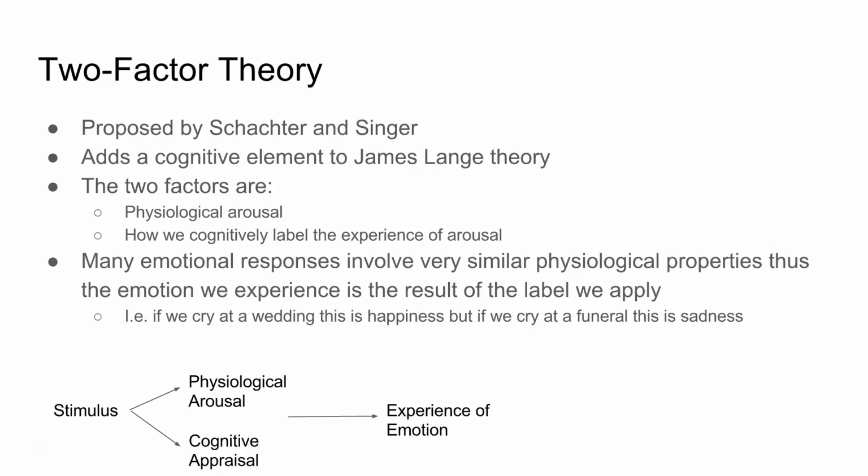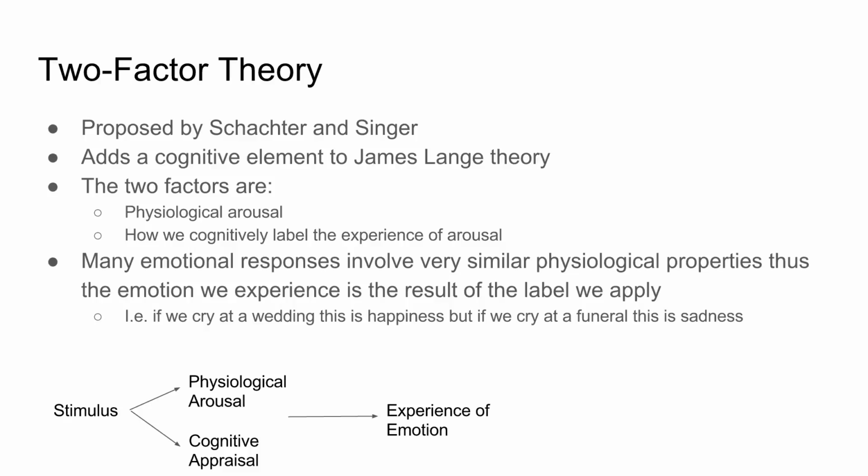And then the other theory that is probably the most accurate, the one that we kind of consider the best now, is called the Two-Factor Theory, which was proposed by Schachter and Singer. And it adds a cognitive element to the previous theories, the James-Lange and the Cannon theory. And the two factors that contribute to the Two-Factor Theory are physiological arousal and how we cognitively label the experience of arousal.